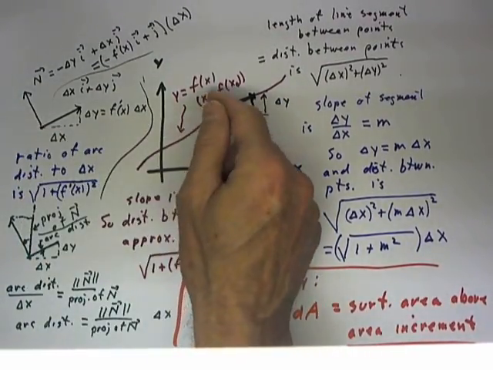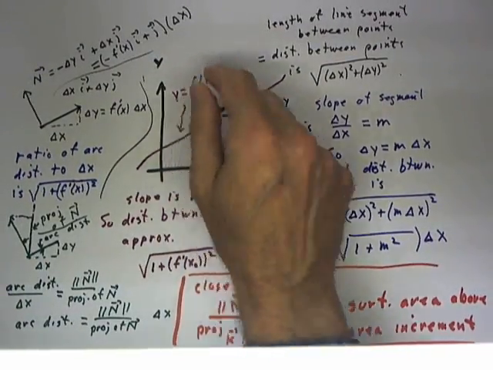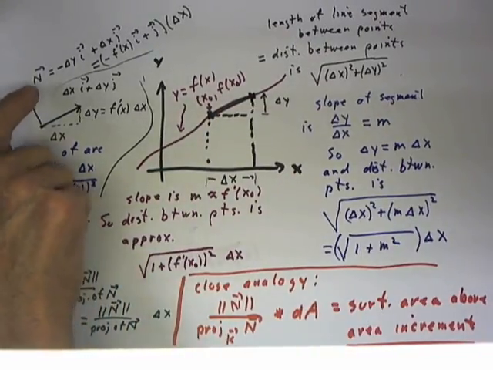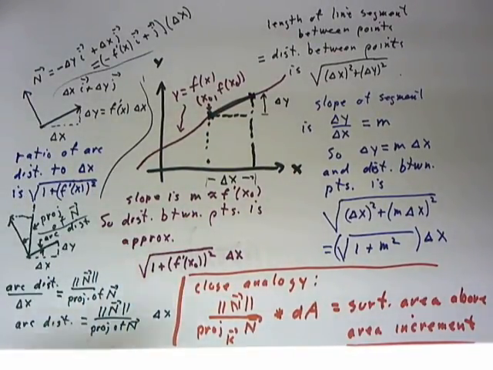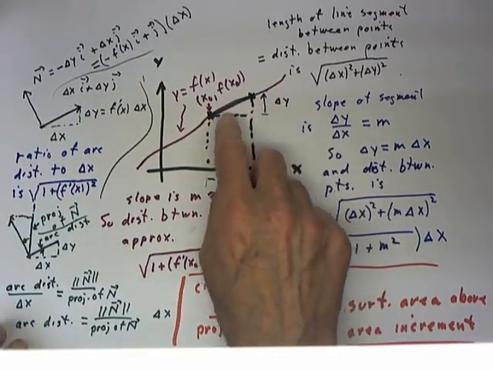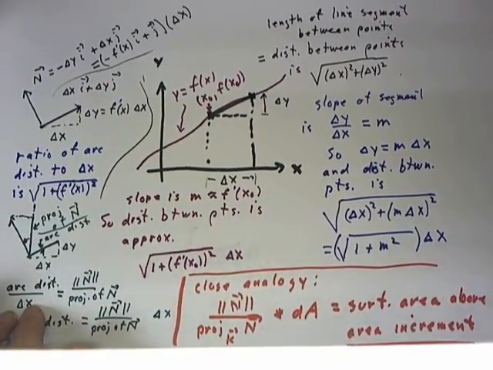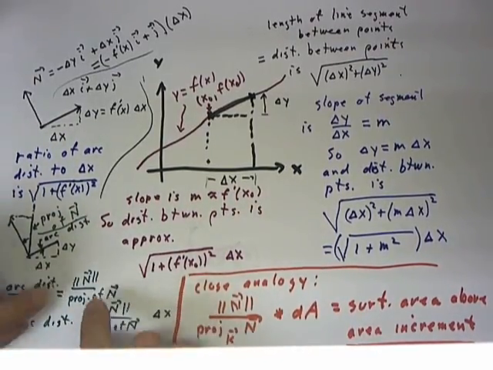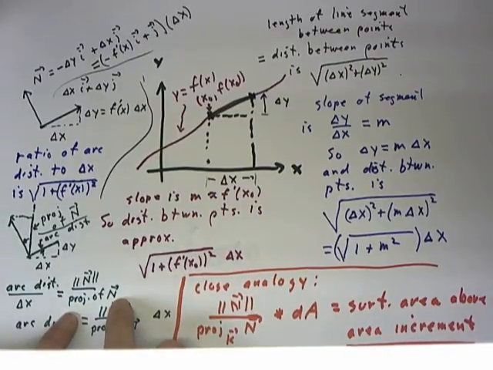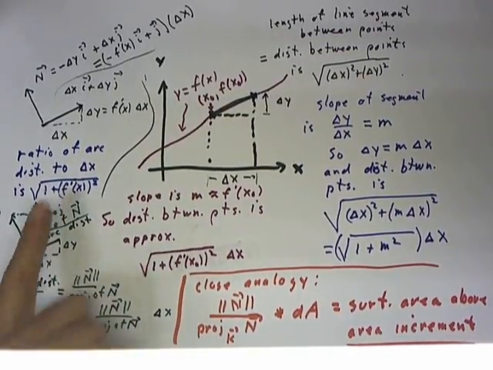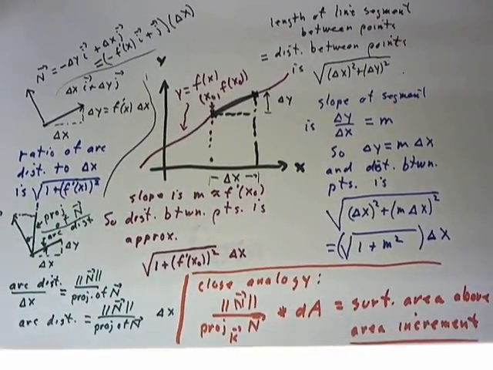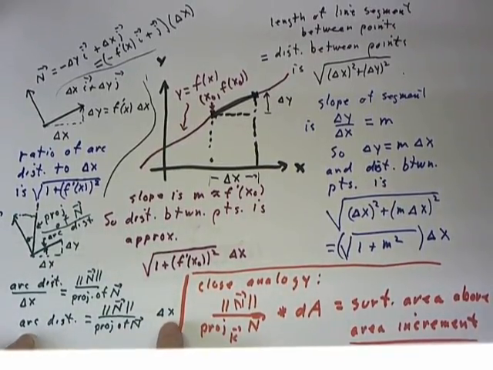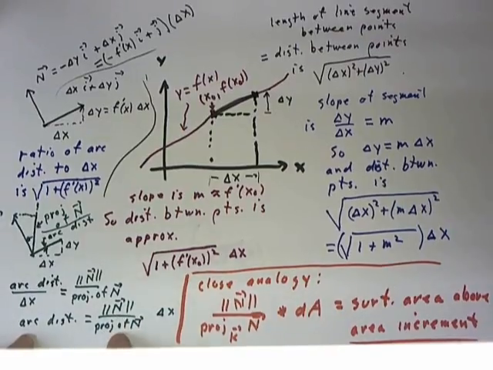If we consider a normal vector perpendicular to this segment, as in this picture, we conclude that the ratio of the arc distance to the delta x here can also be expressed in terms of the magnitude of n divided by the projection of n in this direction, so that the arc distance can be expressed in terms of delta x by a vector calculation.